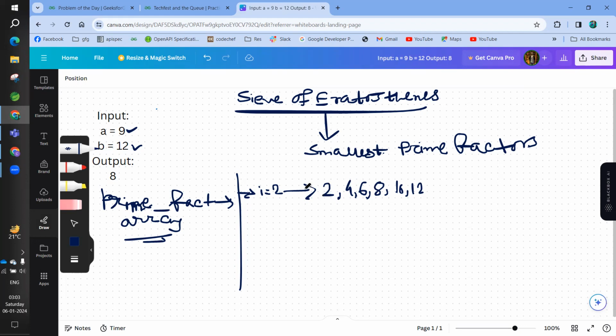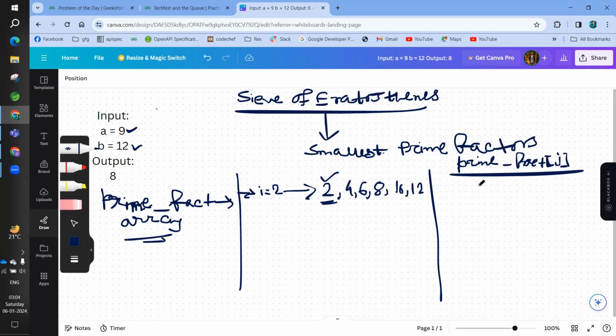So you can see the prime factor for this is 2. We cannot divide 2 into smaller factors, so 2 is our prime factor. We will just set it in the array. Suppose this is the prime fact j value.